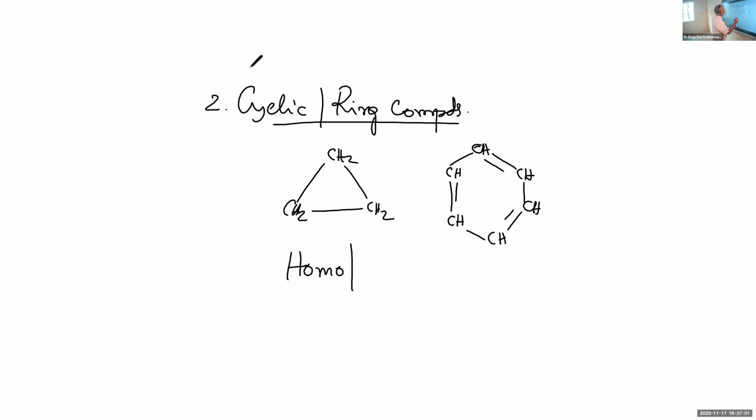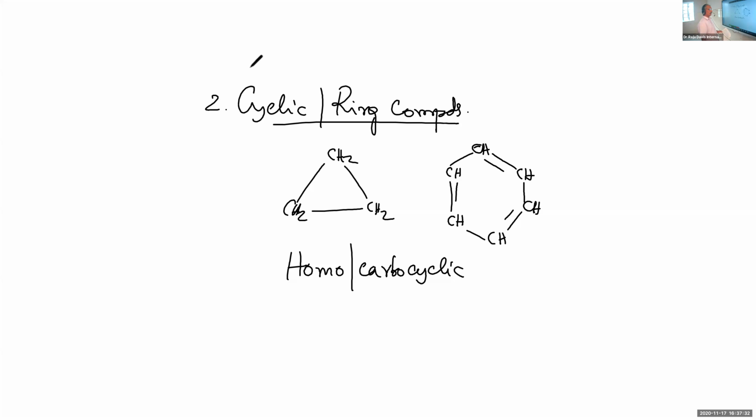In the homocyclic or carbocyclic compounds, the ring consists of carbon atoms only. See here, cyclopropane and benzene, all these are examples for homocyclic compounds.